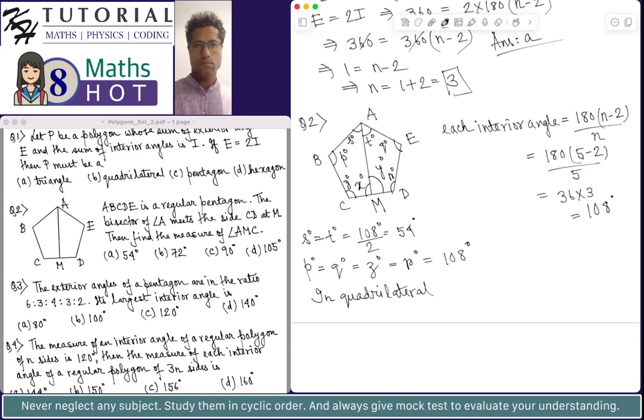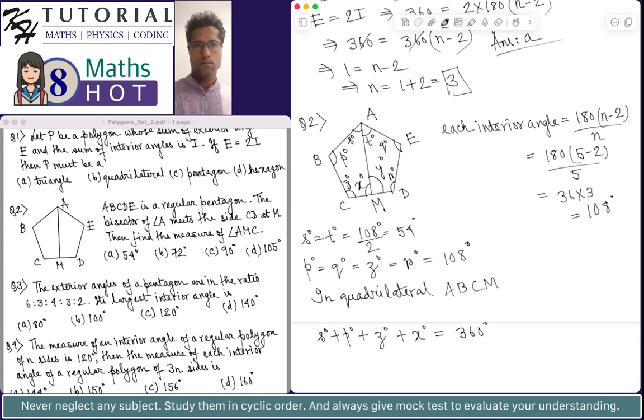So in quadrilateral ABCM we have S degree plus P degree plus Z degree plus X degree is equal to 360 degree, because these are all the internal angles of the quadrilateral ABCM.